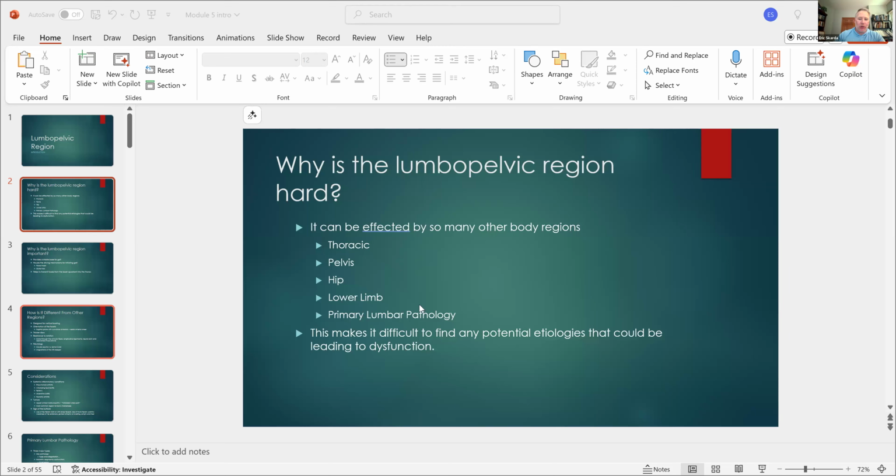Okay, sacral torsions are more likely to be caused by primary lumbar pathology. Disc lesions, segmental instabilities, even stenotic changes, things like that are more likely to cause sacral torsions.